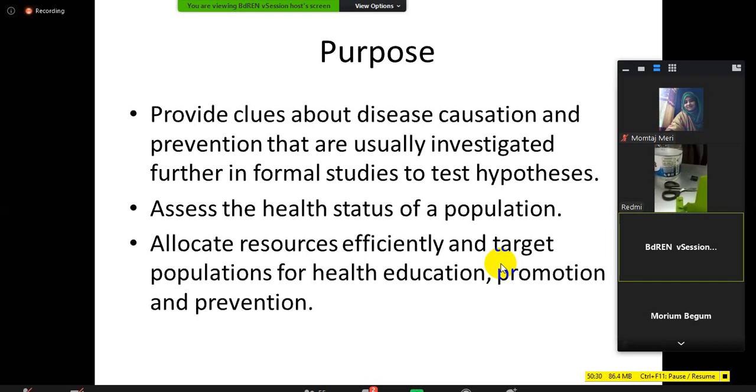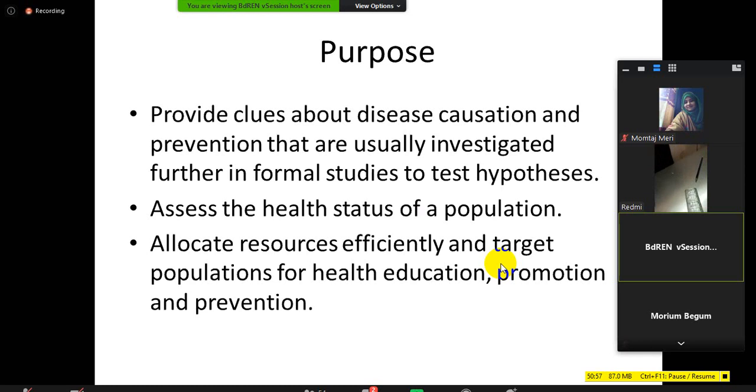Better to use household. Household means a home. In an area there are 1,000 homes, or 1,000 families. On average, in every family there are at least 4 members, husband, wife, and 2 children, maybe 3 or 4 members. And among these children, maybe you will get 1 under 5 child. Just consider it.